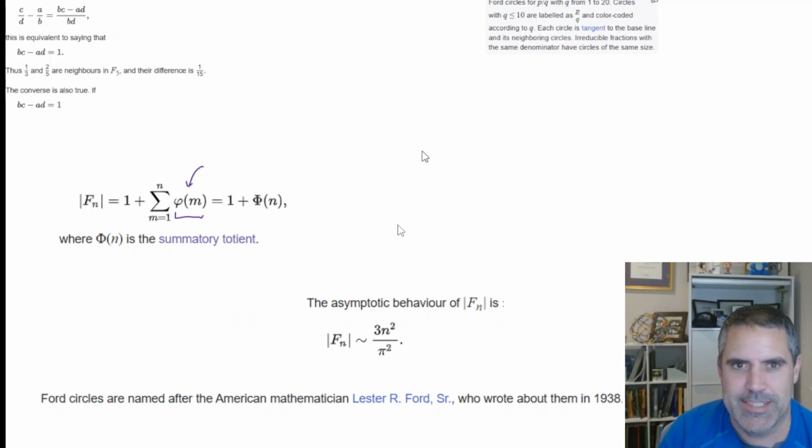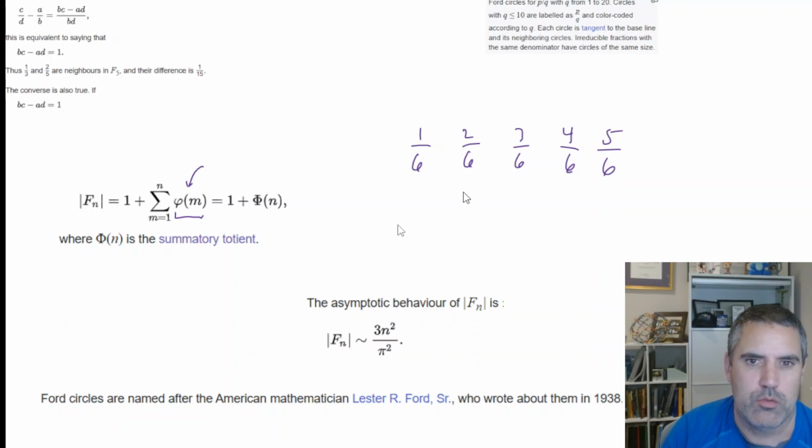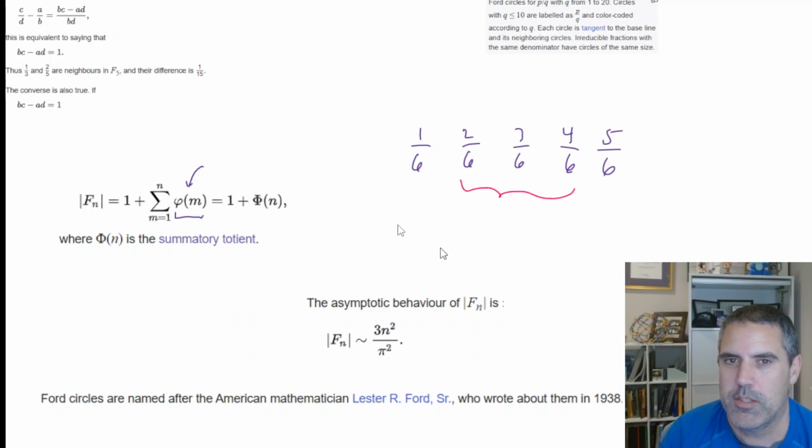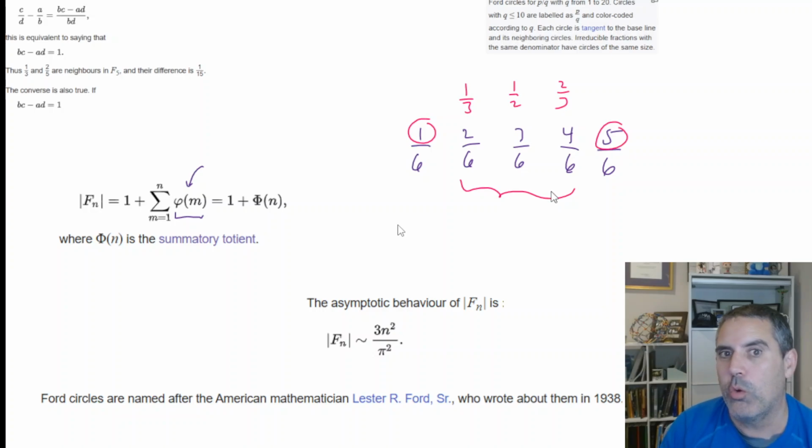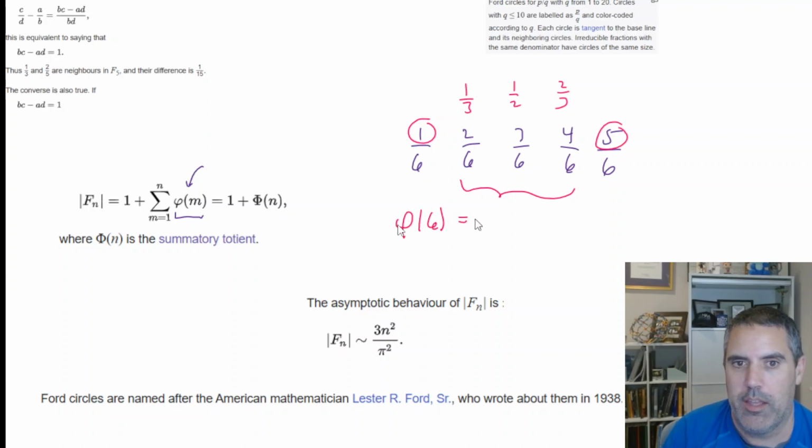So if you're talking about a sixth, and you have 1/6 and 2/6 and 3/6 and 4/6 and 5/6, these would not contribute new fractions to the Farey sequence because they'd already be in there. This would be in there as a third. This would be in there as a half. This would be in there as 2/3. And so we would say that 1 and 5 are the only numbers that are coprime to 6. And we have this function that says, well, how many numbers are like that? There's 2 of them. That's what this number is. So that's what you get.